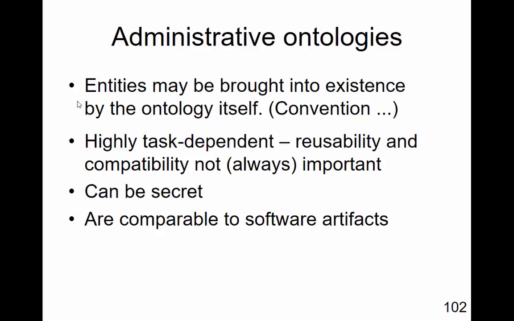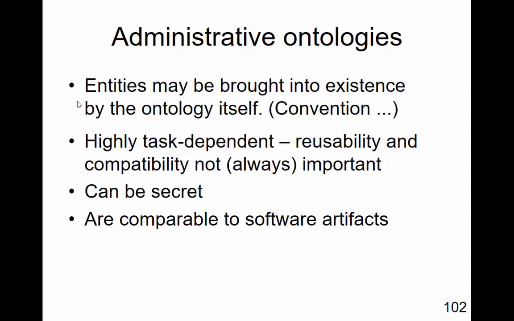So for administrative ontologies, matters are quite different. You can just create a convention. We're going to call all the things listed on Wednesdays, Wednesday things. And that would be a perfectly good administrative ontology. And then they can be dependent on specific tasks and so on, and they can even be secret.